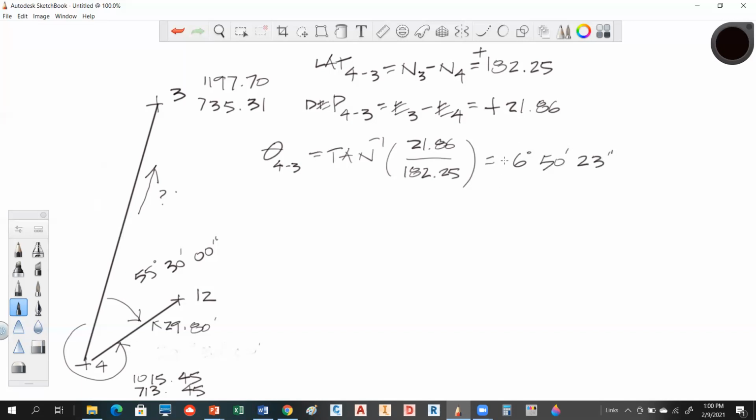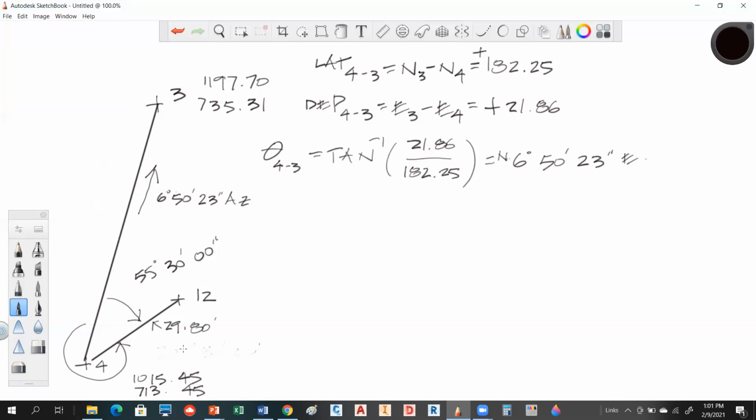And we said that that would be northeast. And since that's a northeast quadrant, that's the same thing as an azimuth, so we don't have to convert anything. I can just write that over here. This is 6 degrees, 50, 23. That's my azimuth then.